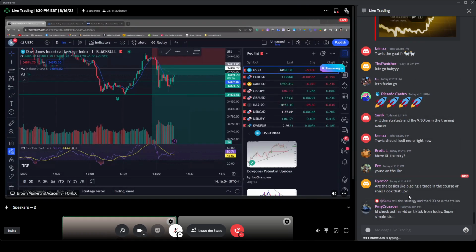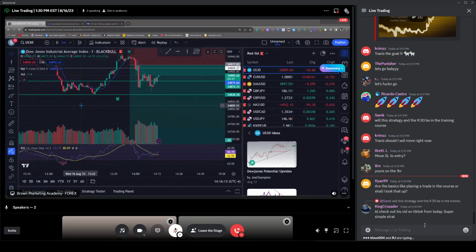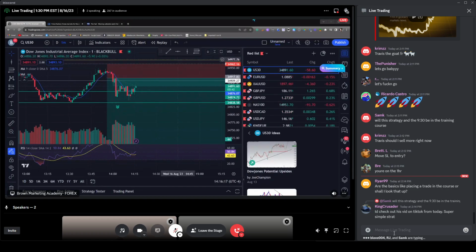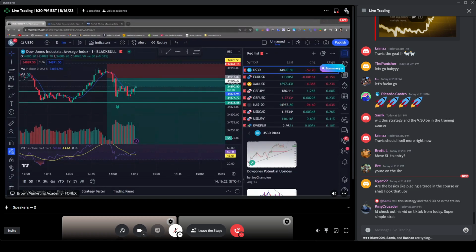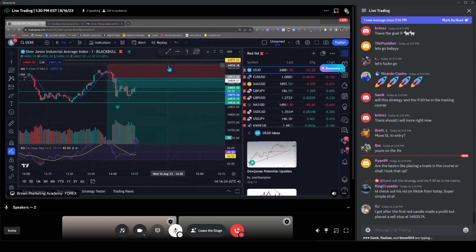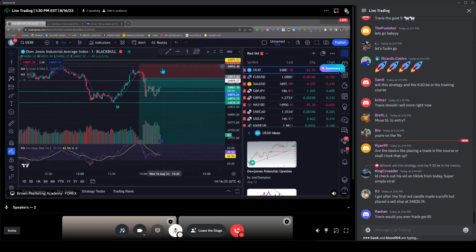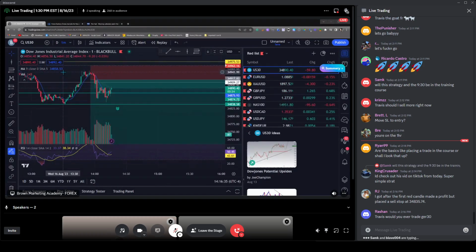Yeah, the heat map is still neutral. So much consolidation.